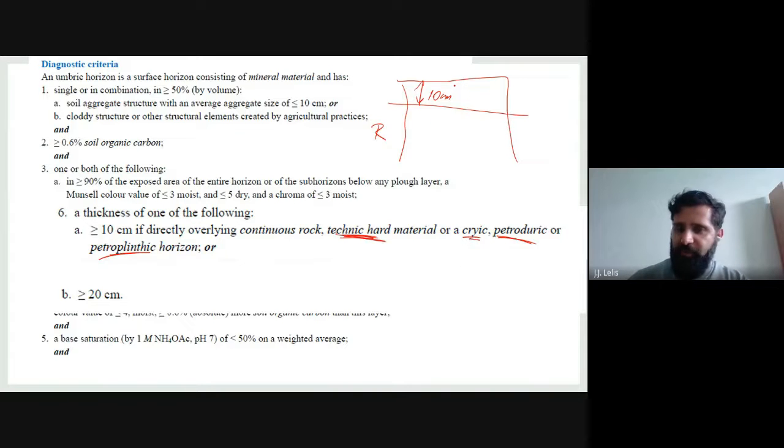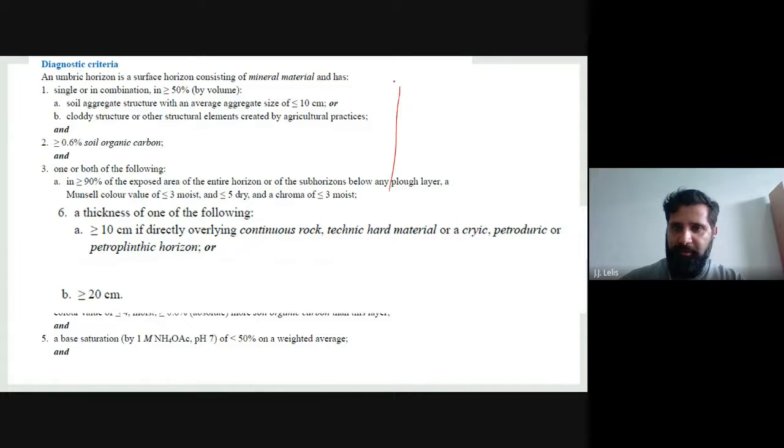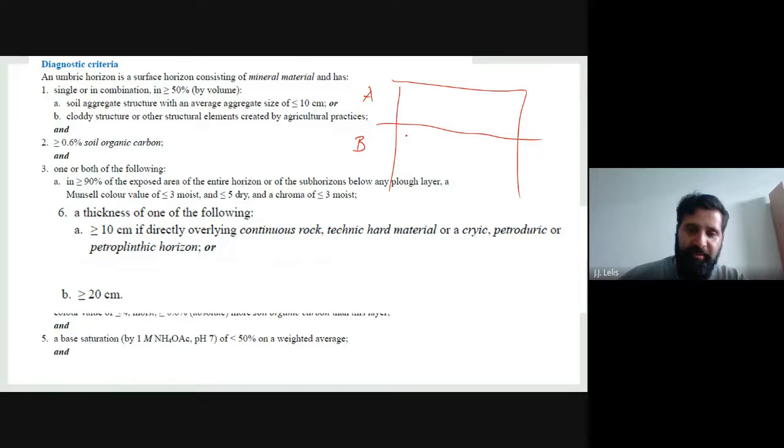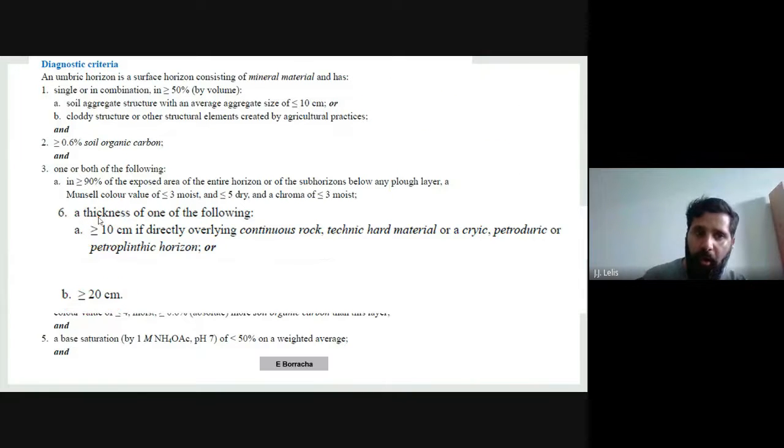But if this umbric horizon is the surface horizon, above a B or C horizon, it should present at least 20 centimeters of thickness. Okay, so again, you don't need to remember all this information, all these details.